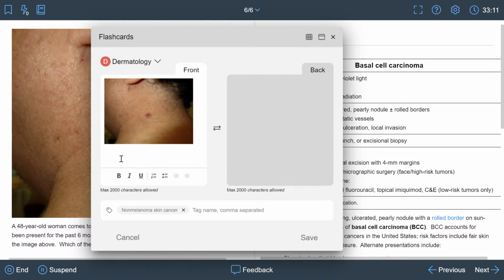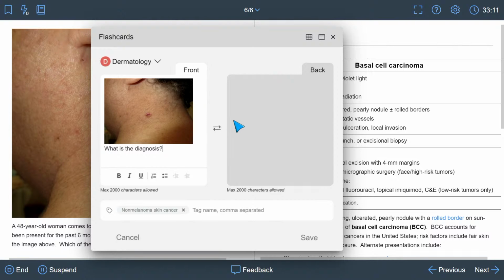You can free type whatever you like down here. What is the diagnosis? There we go. So that way you can put whatever question you like. You can bold it, format it however you would like.